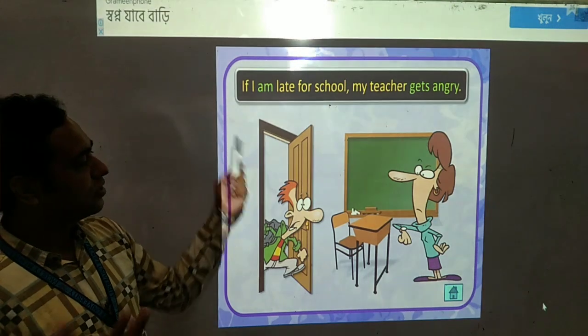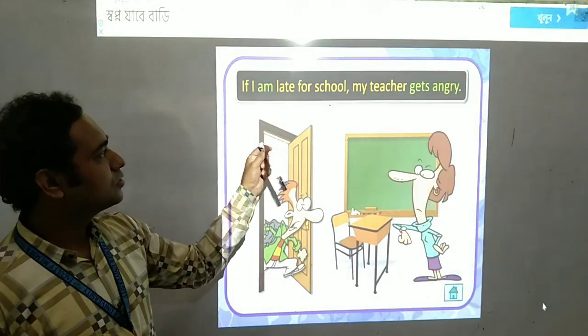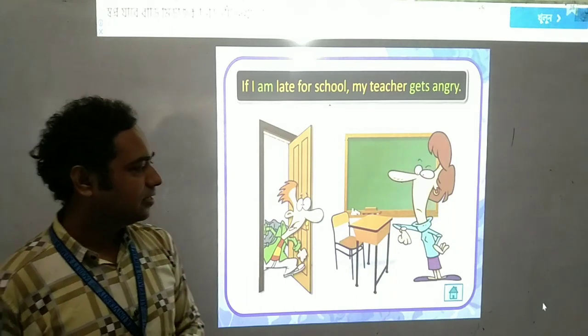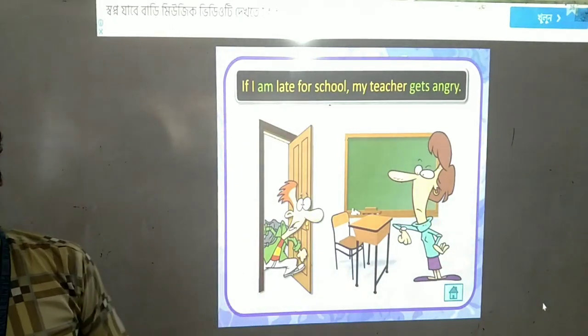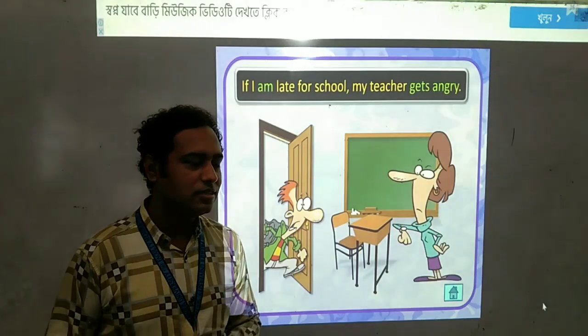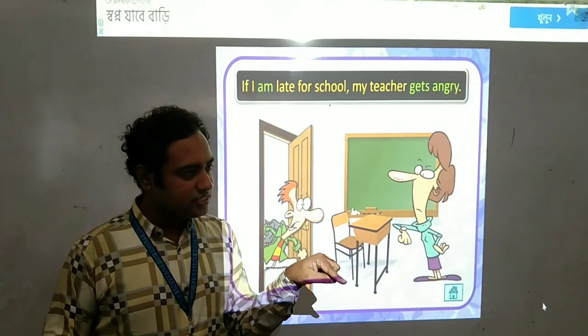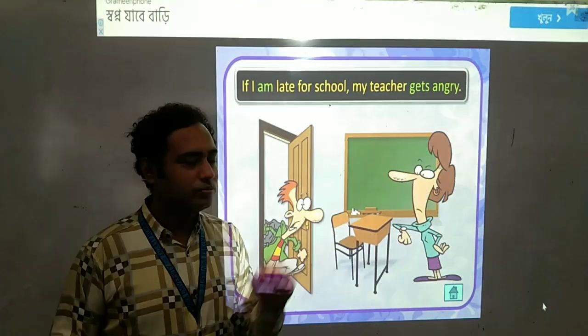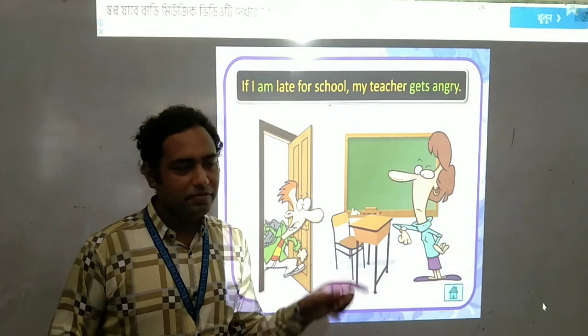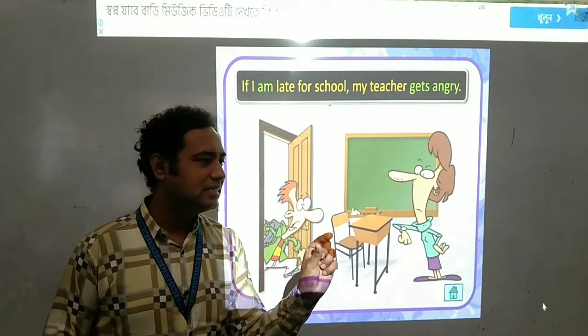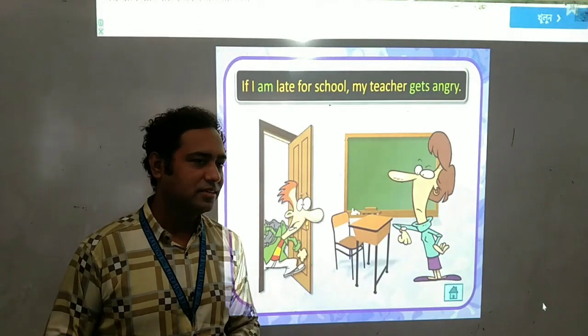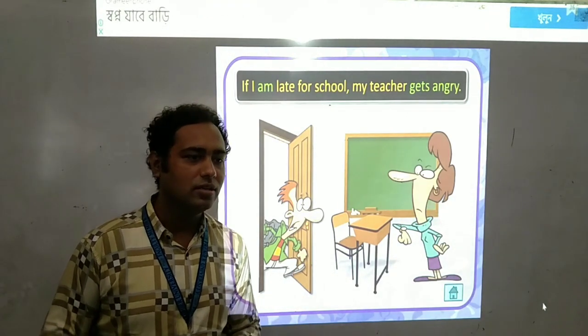And again, take a look at the condition. If I am late for school, my teacher gets angry. So these are all zero conditionals. If it rains, I stay home. Right? If it rains, I stay home. This is a real habit, and this is again a zero conditional.